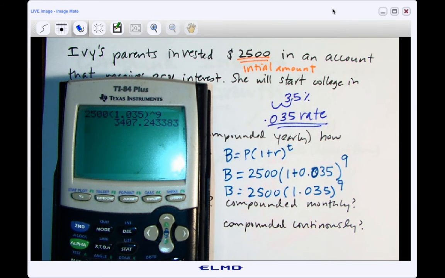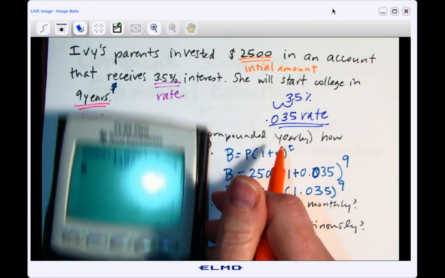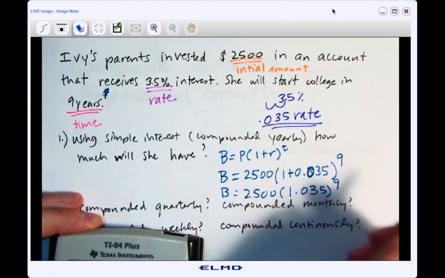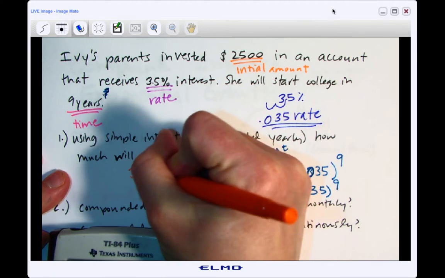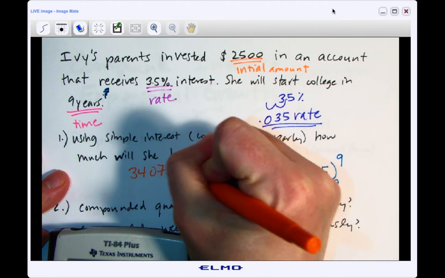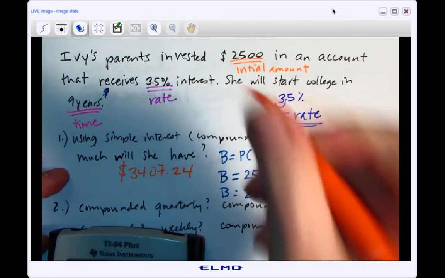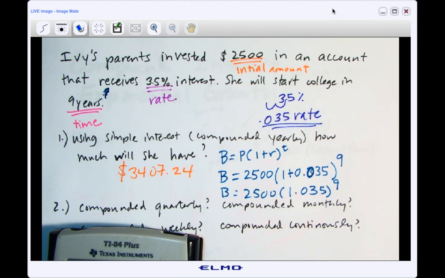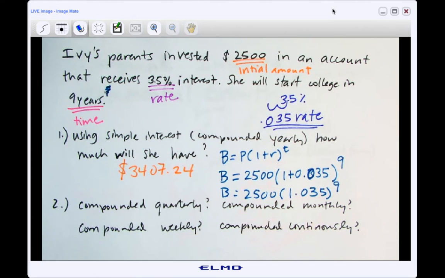So in 9 years, 9 years have passed. And how much does she have in the bank? Well, 3407.24, and I'm going to round it to 2 decimal places since it's money, and most of us don't carry around tenths of a cent, so I'm just going to round it to the nearest penny.